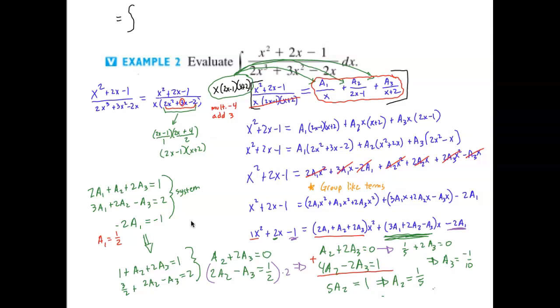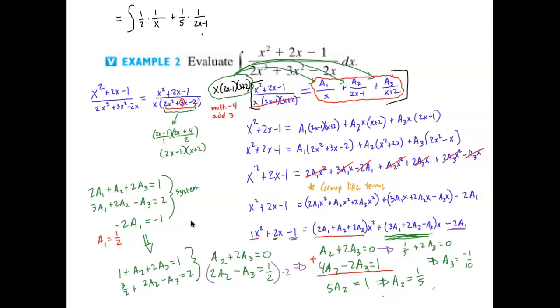So it's the integral equivalently of, remember that a1 was 1/2, so that's 1/2 times 1 over x, plus a2 is 1/5, so 1/5 times 1 over 2x minus 1.